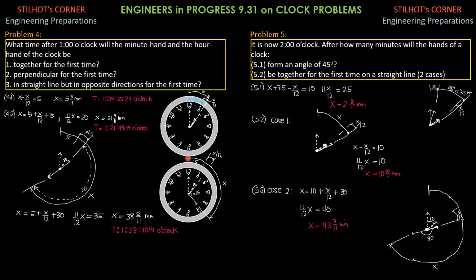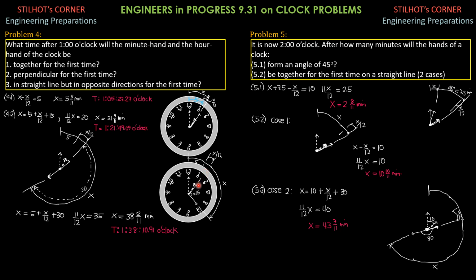So from the initial position of the minute hand to its final position, call that x. Initial position of the hour hand to its final position, x over 12. And therefore, x is equal to 1 to 12, 5 minutes, then to the final position of the hour hand, x over 12.